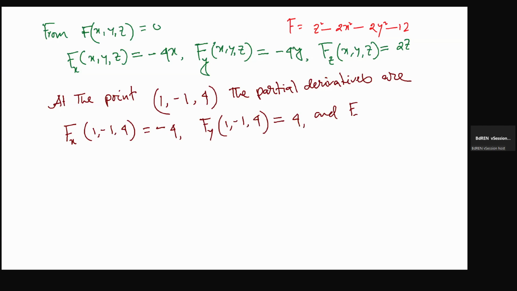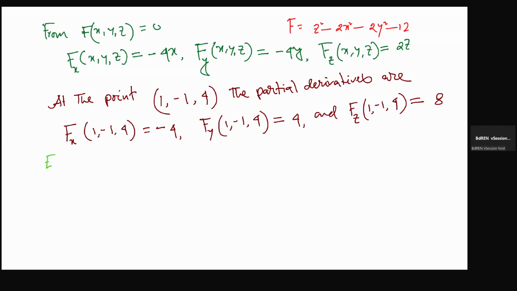And f_z at (1, -1, 4), it was 2z, so it should be 8. Any confusion? No, sir.